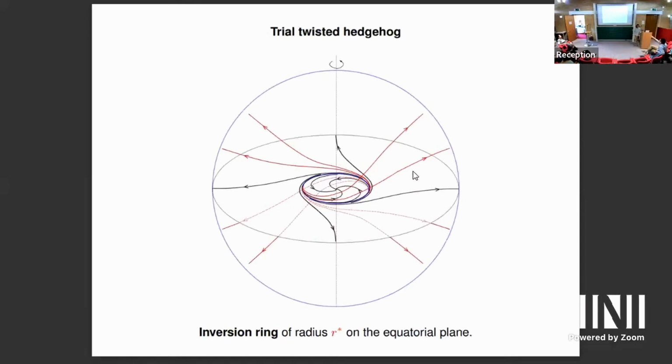Sorry, what's the meaning of that? What's the meaning of that? Okay, these lines are the lines to which the director is tangent. The distribution of the director. Yes, and this is the direction when it is plus n, and so we see that the director starts to go away from the ring, and then goes inside the ring, so we see that there is an inversion of the side of the ring.